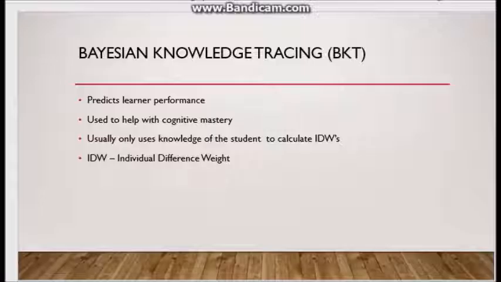However, it only uses the knowledge that the student knows to calculate the IDWs. IDWs stand for individual difference weight. This is how they get the big picture curriculum. Each student has different things that they're good at and things that they're bad at. These things are essentially the individual difference weight.